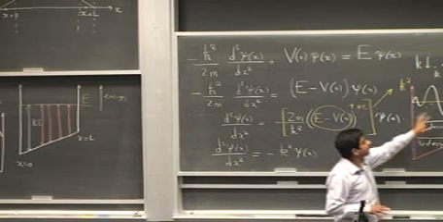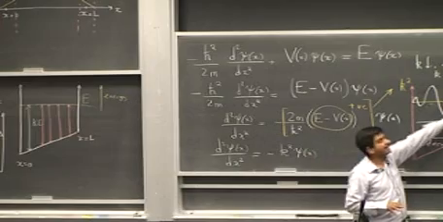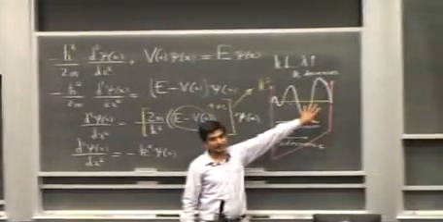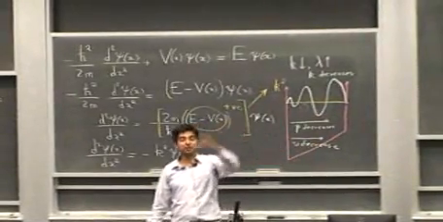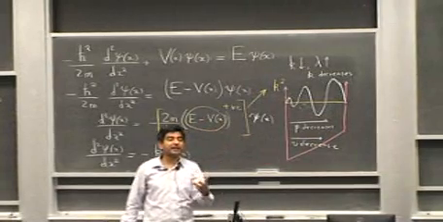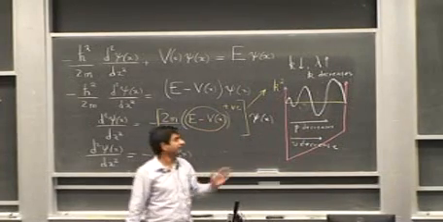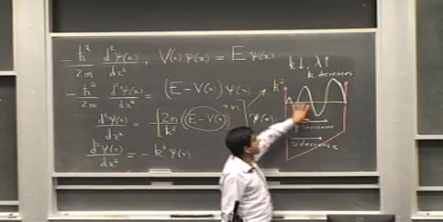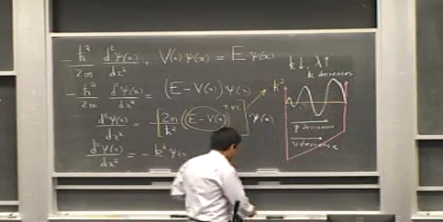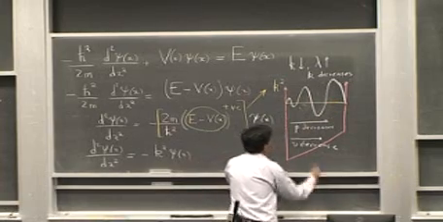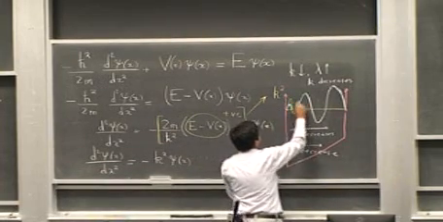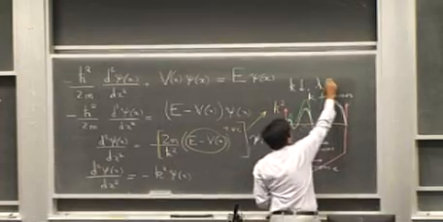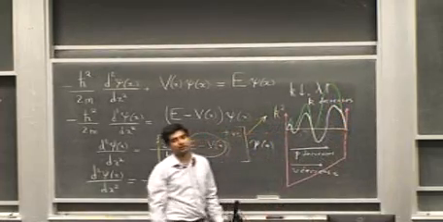If the particle is slower on the right hand side of this well, and if you were to measure the position of the particle, you would find it with a higher probability in the right hand side of the well. And that is why the amplitude of the wave function goes up, and hence the probability density function is also higher in the right of the well.